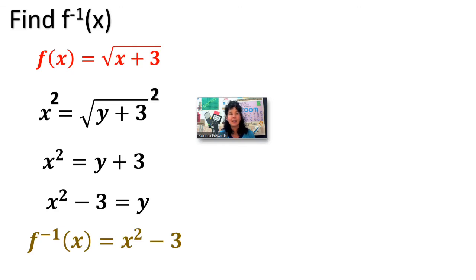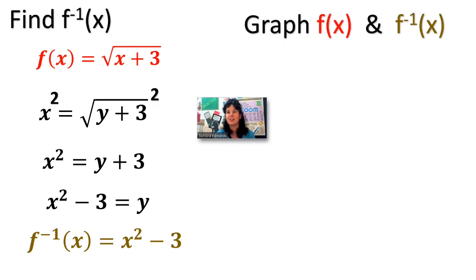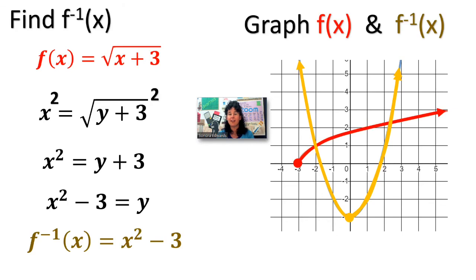So next, let's graph both the equation we have for f and f inverse on the same graph. You can do that at Desmos.com, or you can do it on your graphing calculator. So here I have graphed both f and f inverse. Do you notice anything?